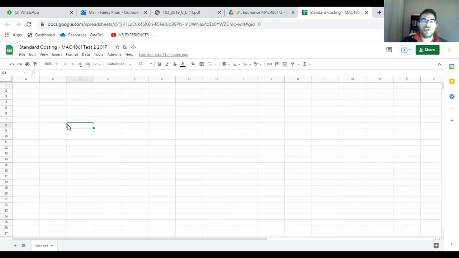Your standard input and your standard price will remain the same. The only thing you are changing is the actual units. So now, when you compare the flexed budget to actual, you are comparing apples with apples. The variance you get is now meaningful. It will be useful because both are based on 1.2 million units.